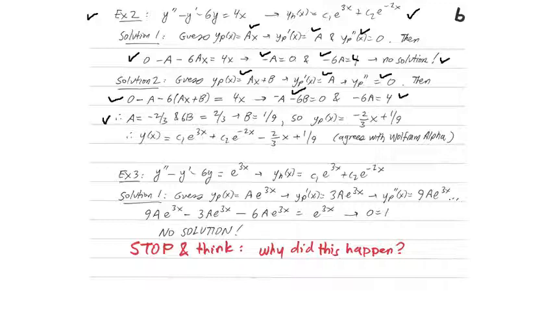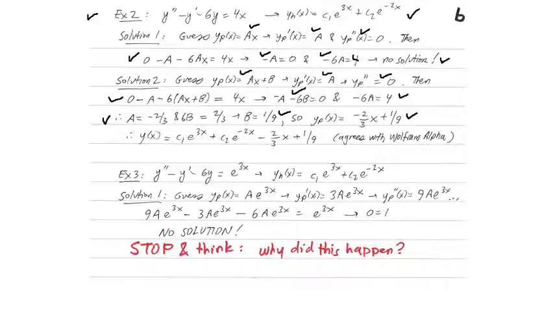A is negative 2/3. We immediately get that by solving that last equation in the previous line. And then 6b would be 2/3. So our solution for b is 1/9. Taking those values for a and b and plugging back in, that gives us our particular solution, minus 2/3 x plus 1/9.